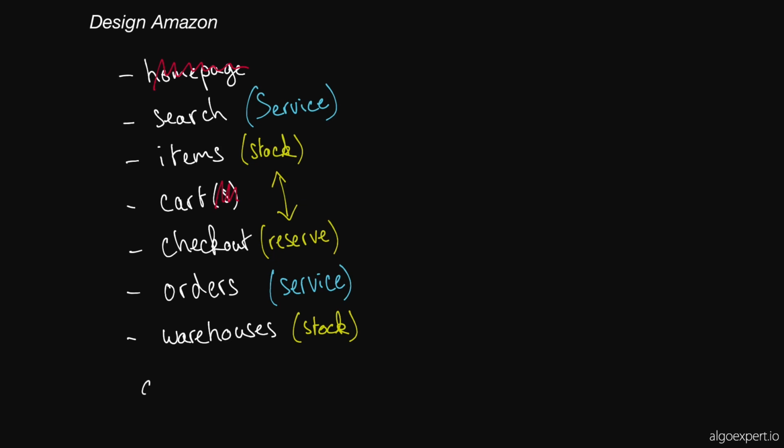So I'll write it down here, Amazon.com. And our design will then be applicable to all of the other regional businesses that Amazon has. So we don't have to worry about Amazon.in or Amazon.fr. These are all going to be identical to Amazon.com, which is what we're designing today. So that simplifies things a little bit.